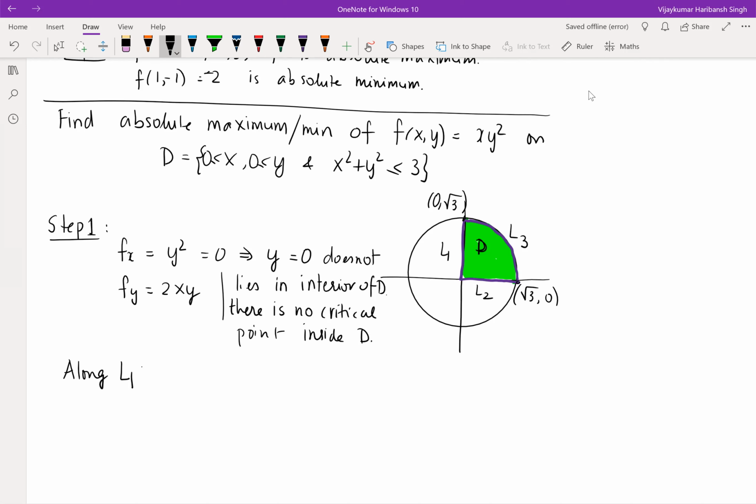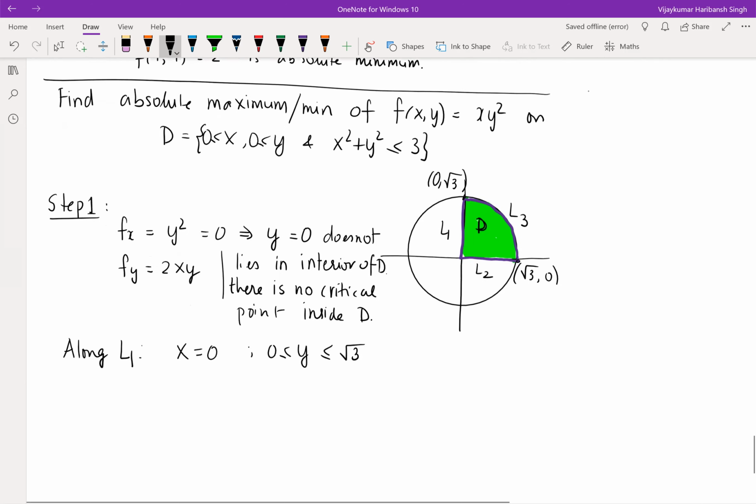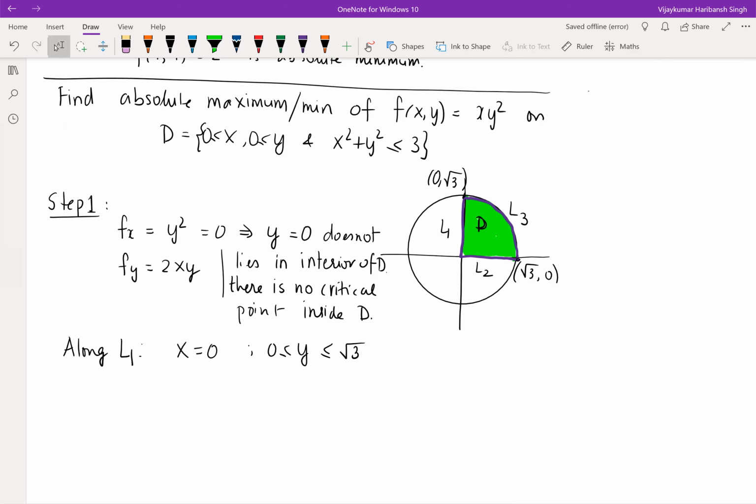So along L1, we have x equals 0 and y goes from 0 to square root of 3. So what do we get? x is 0, so we get f of 0, y, which is going to be 0. Well, it's a constant 0 function, so nothing really interesting happening.